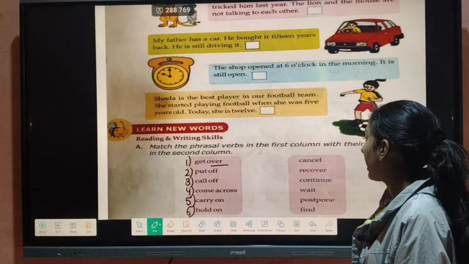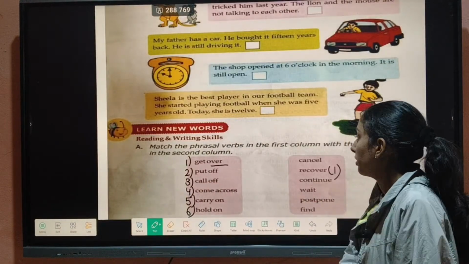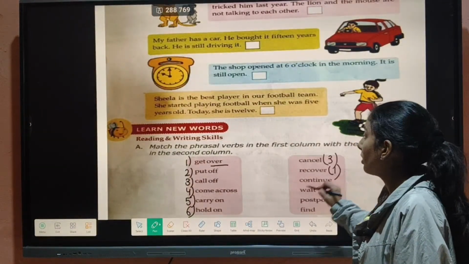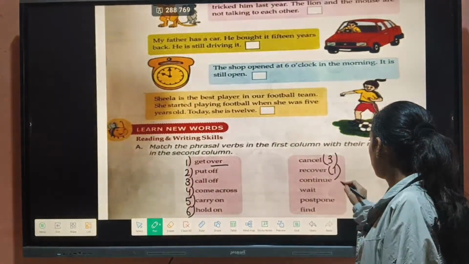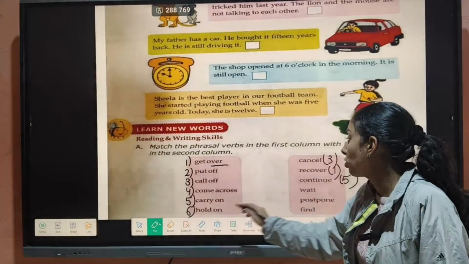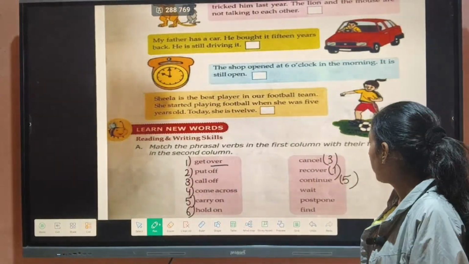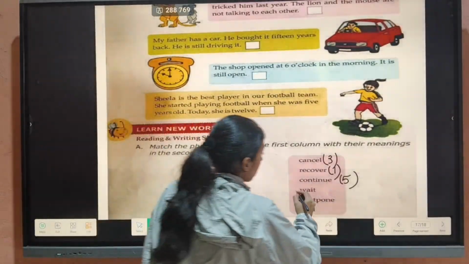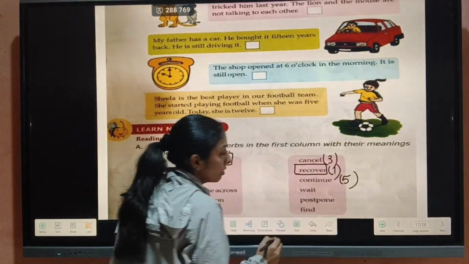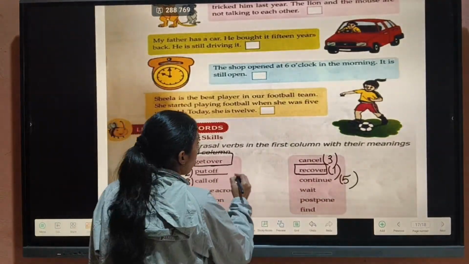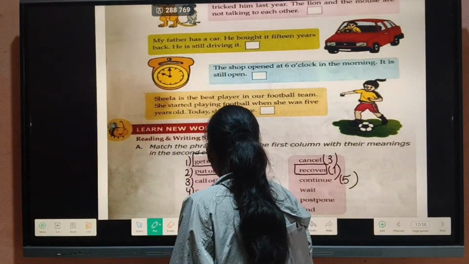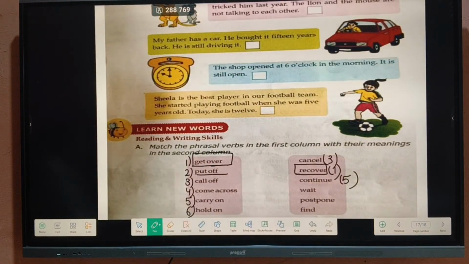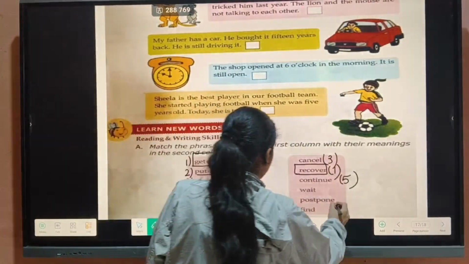Get over means recover. Call off means to cancel something. Hold on means to continue. What is the meaning of get over? Get over means recover from something. Put off means to postpone.